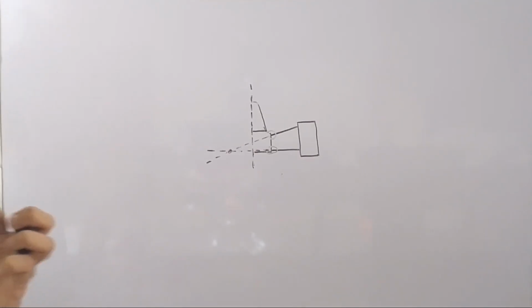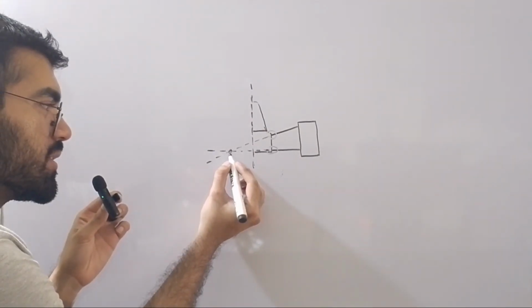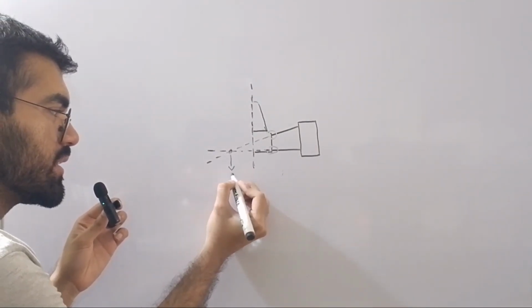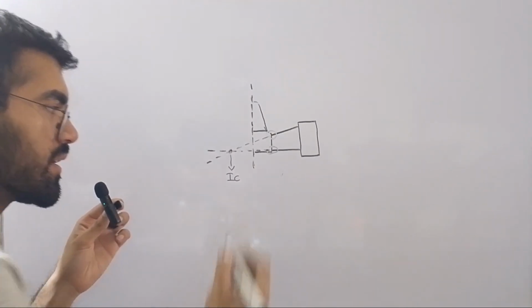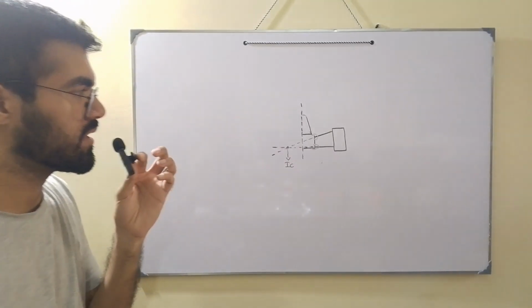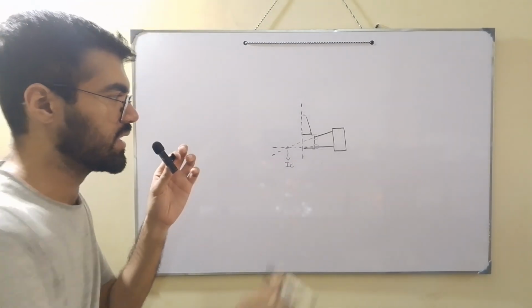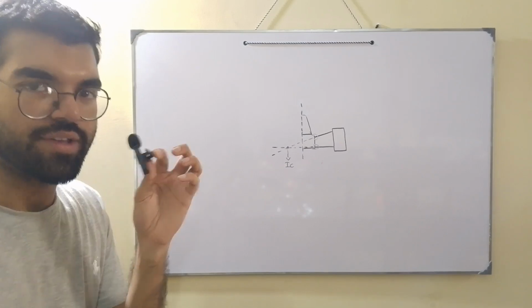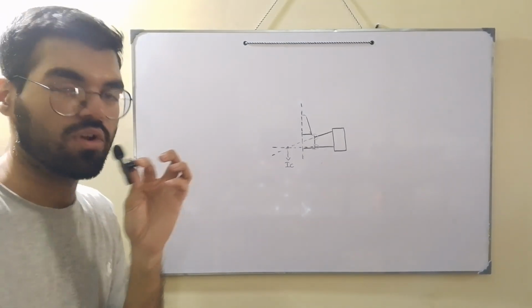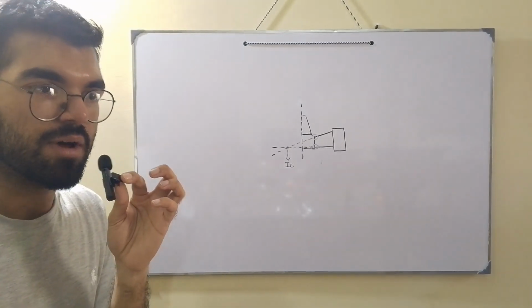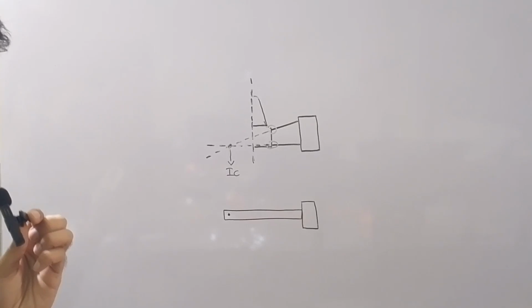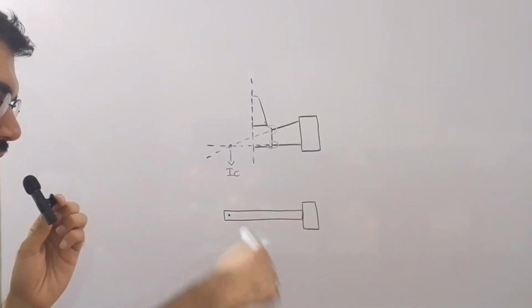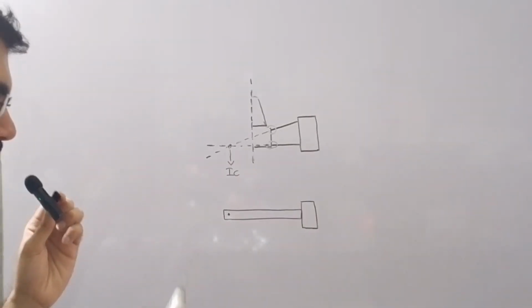Anyways, the point that we just found out, this is called the instant center. To explain what instant center is, we are going to assume that this whole suspension is a rod, we're going to call it, or a swing arm is a better term for it. As you can see, I've drawn the swing arm right here.